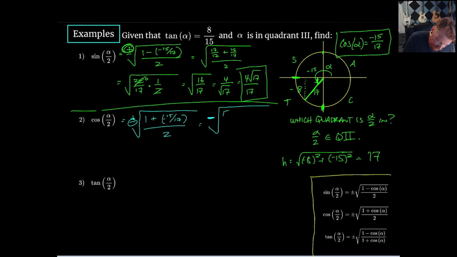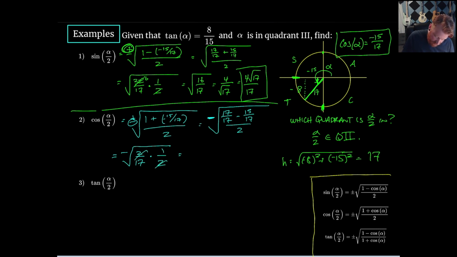So then we're going to have 17 over 17, just rewriting my 1 with a common denominator, with this 15 over 17 here, all over 2. This is going to be the same as negative square root of 2 over 17 times 1 over 2.